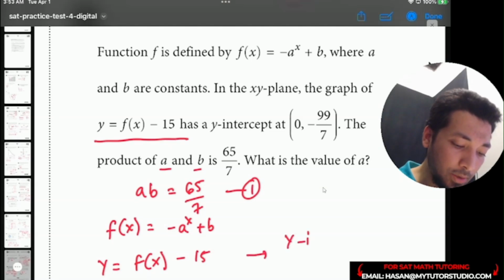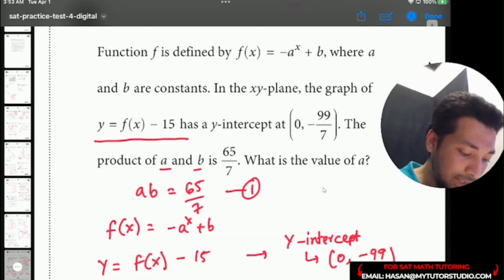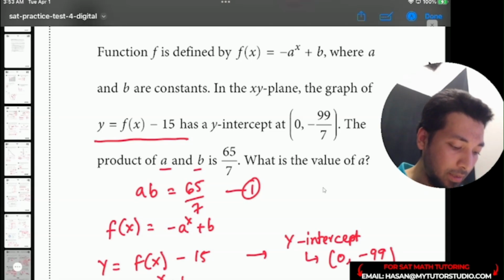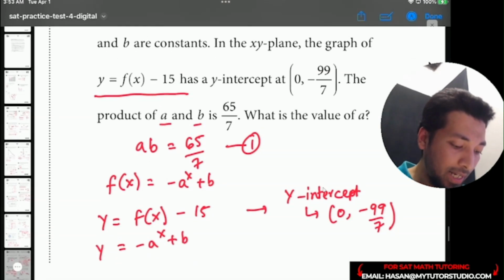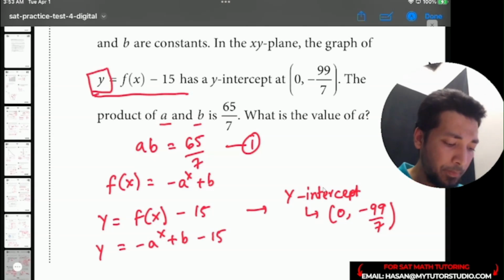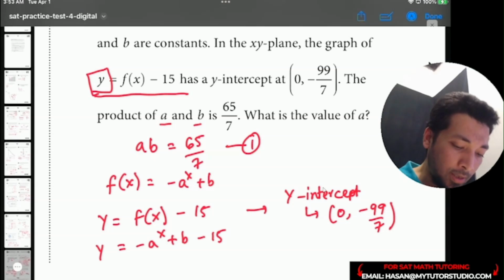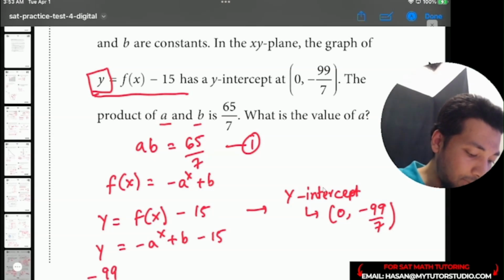The y-intercept is 0, negative 99 over 7. So this f of x is negative a to the power of x plus b, and y is equal to negative a to the power of x plus b minus 15. So that's my new function. So for this new function, the y-intercept is negative 99 over 7, so negative 99 over 7 for the y.